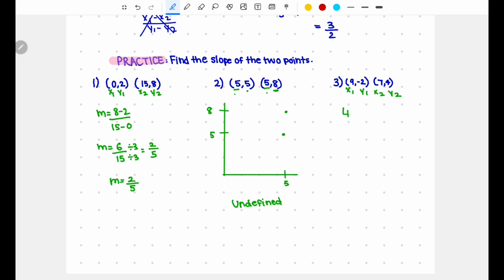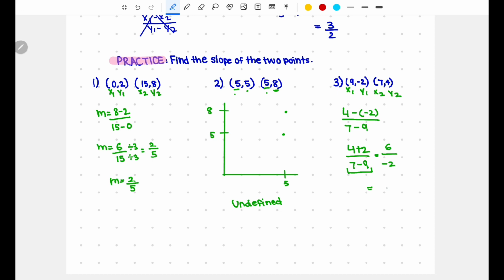And so we're going to do y2 minus negative 2 over x2 minus x1, so 7 minus 9. And so when we have the double negative, it becomes 4 plus 2, and then 7 minus 9. So we have 6 over 7 minus 9, which then 7 minus 9 becomes negative 2.